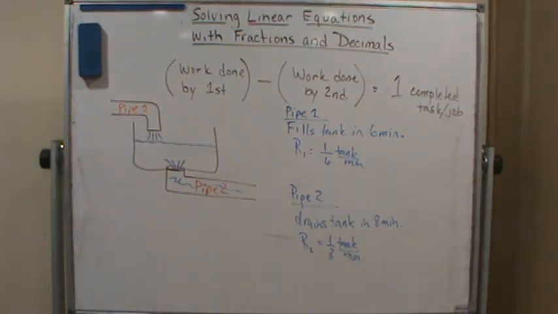Now, the question is, if both the faucet and the drain are opened completely, given the rates, in how many minutes will the tank start to overflow if the faucet is not turned off?